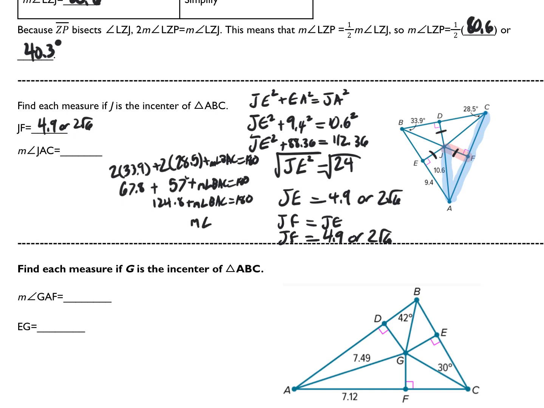So if I subtract 124.8 off of both sides, let's see here, 180 minus 124.8 gives me 55.2. That gives me the measure of BAC, which is the whole angle. I don't want the whole angle, I want just half of it. So the measure of JAC is just going to be half of that. So 55.2 divided by 2 is 27.6.